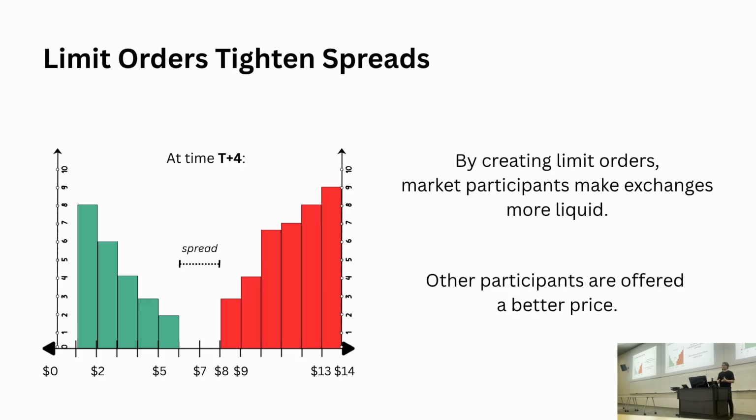By creating limit orders, as you might have noticed, you tighten the spread, or in other words, you make the exchange more liquid. Essentially, by doing that, you let other traders enjoy a better price, and the effective price of the orders that they're executing is going to be better.